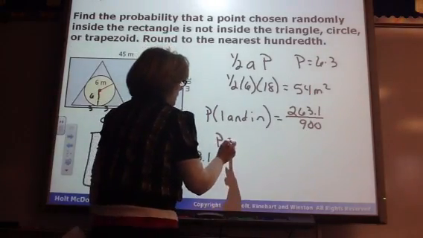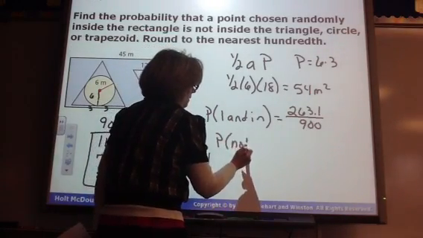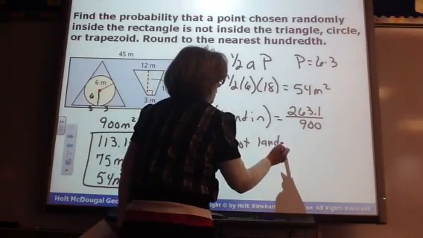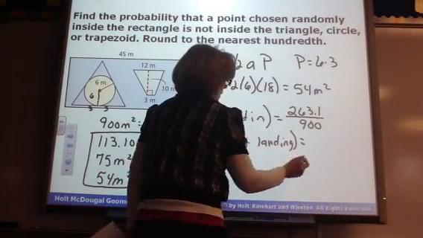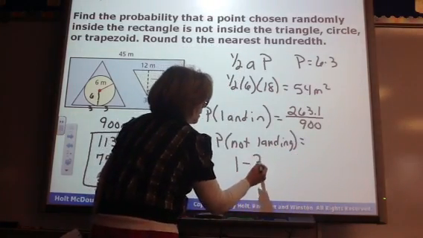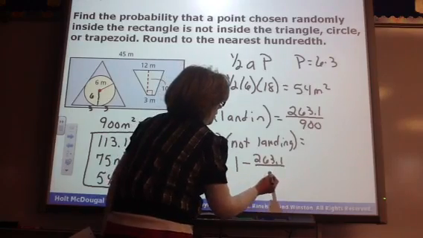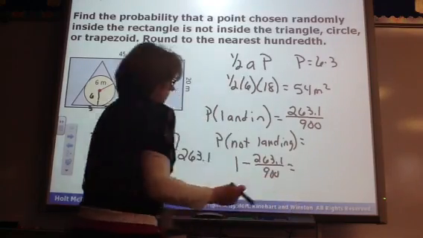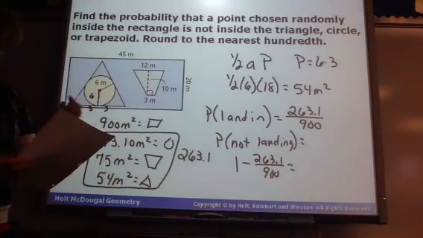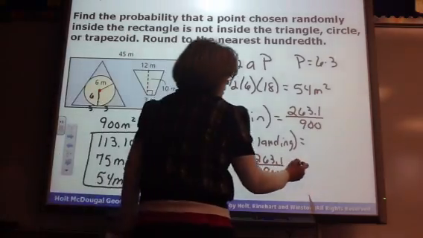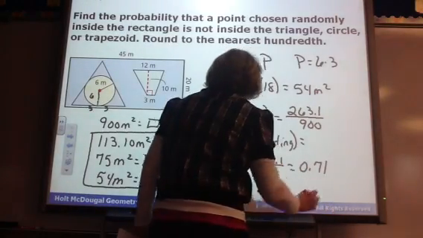So the probability of it not landing in those three is going to be 1 minus the 263.1 over 900. And you're going to get approximately that.